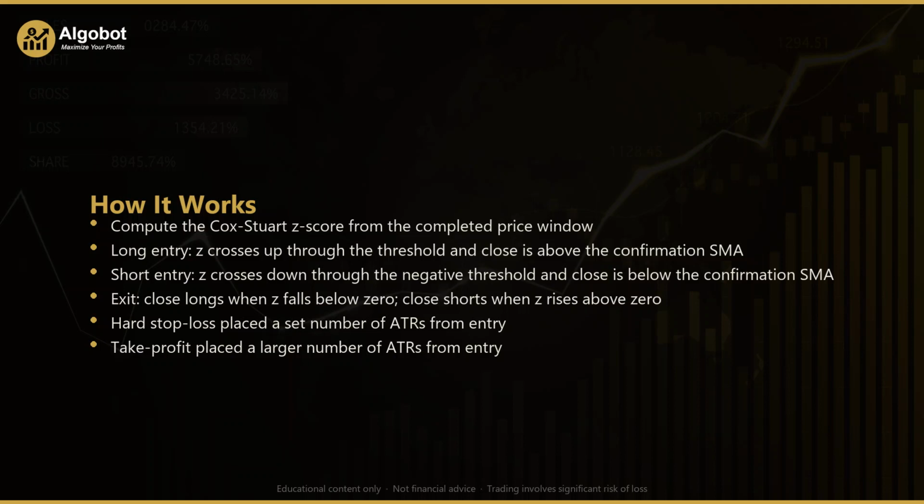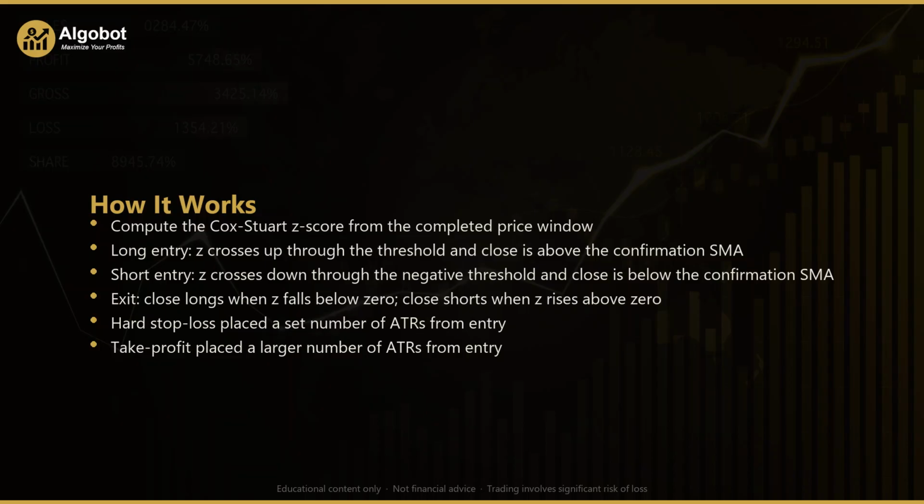The short side is a perfect mirror. The EA signals a short when the z-score crosses downward through the negative threshold at -1.6, and the close is below the confirmation moving average. If an opposite position is already open when a fresh signal appears, the EA closes it first and then reverses.